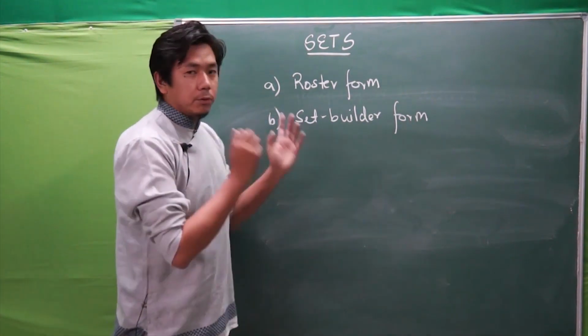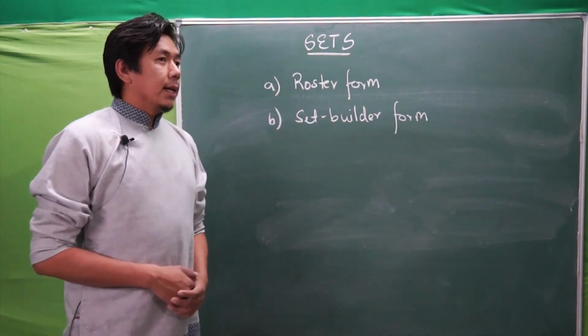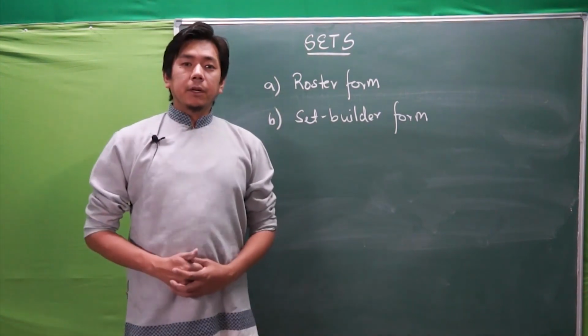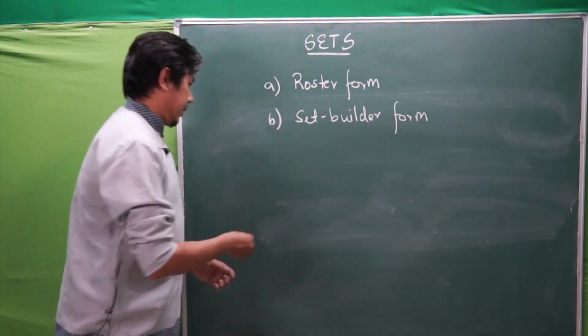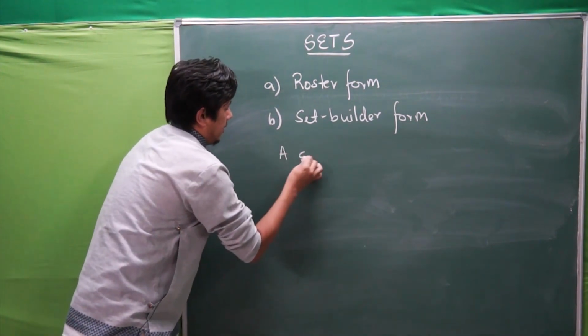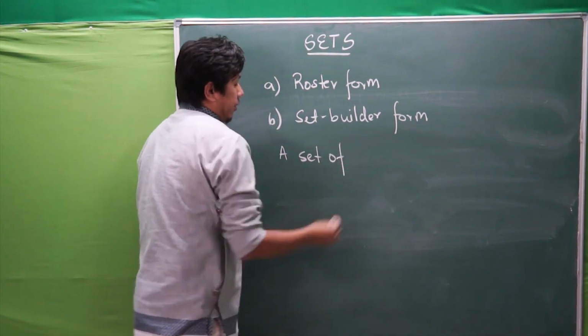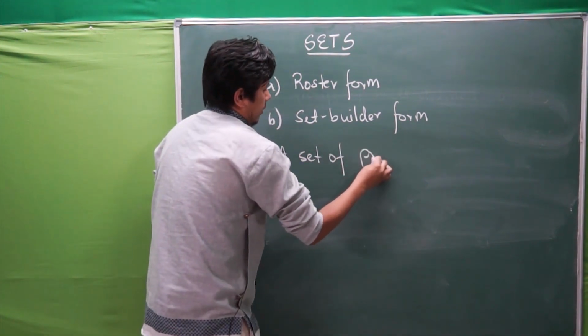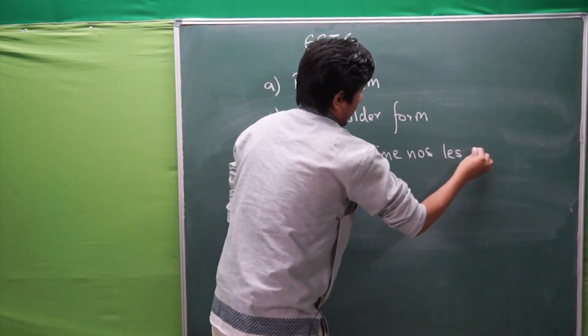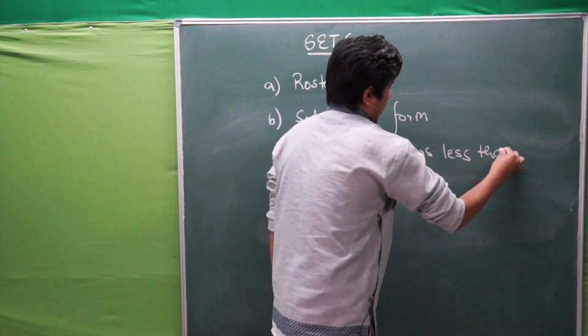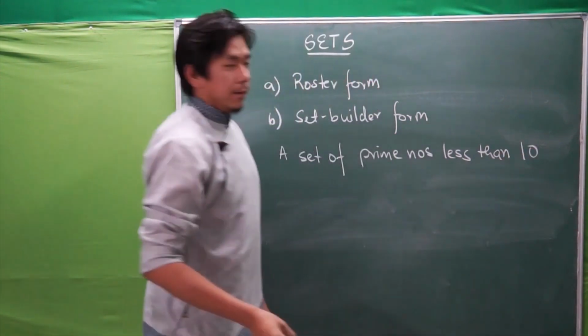are being noted out. For example, let's say a set of prime numbers, okay, a set of prime numbers less than 10. Alright.